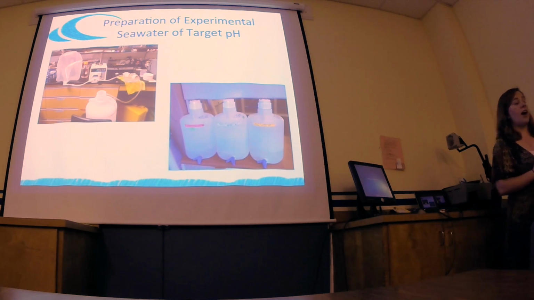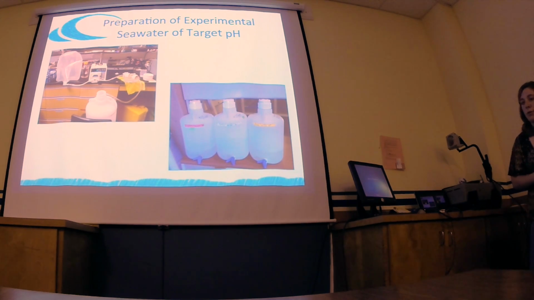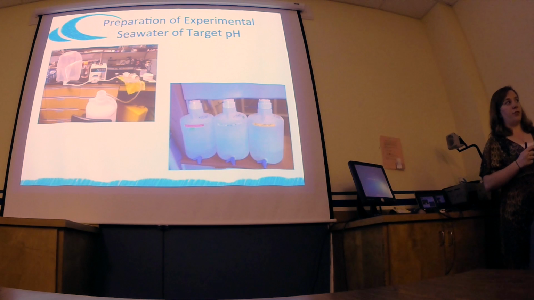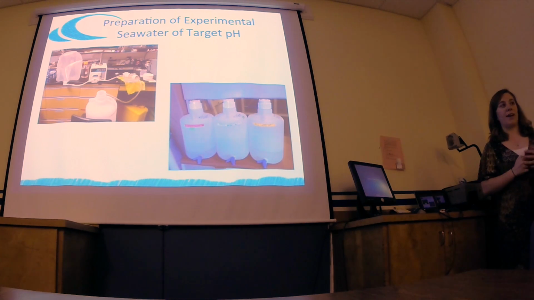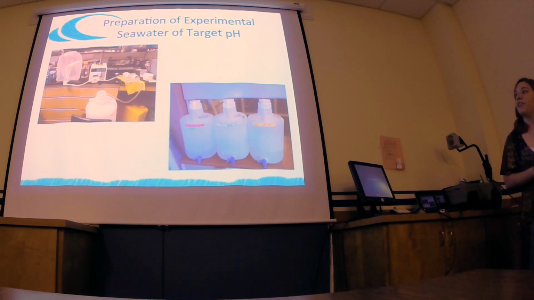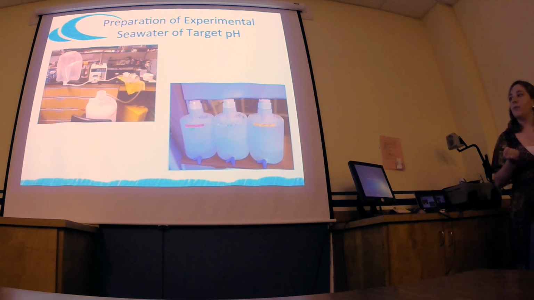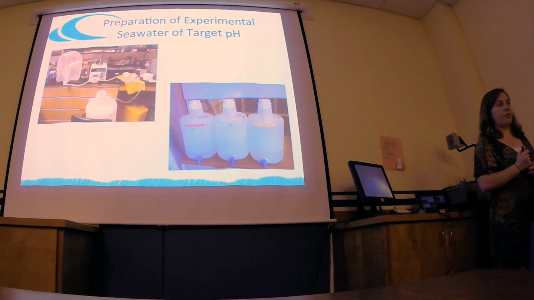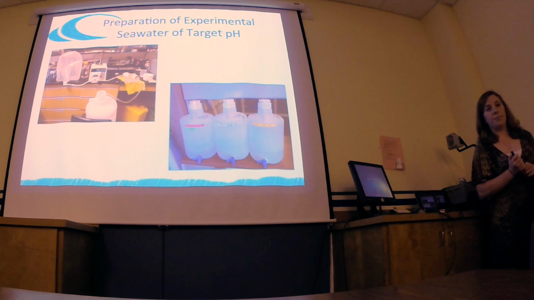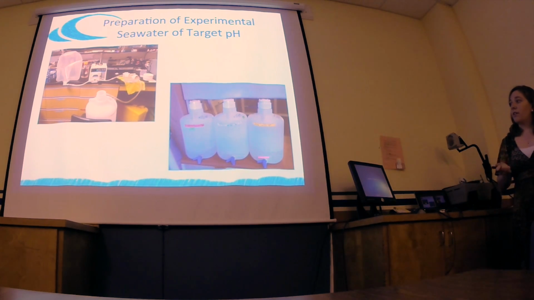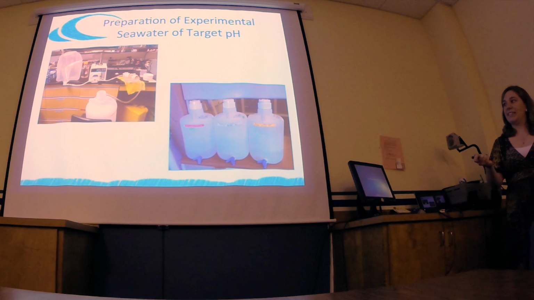So to start with, I wanted to make sure that my seawater was not adding any additional confounding variables to my calcification rates. I had some seawater that had been collected offshore at Gulfstream, in these carboys, and it was filtered with 0.2 micron filters in order to remove particulates and 99% of bacteria.